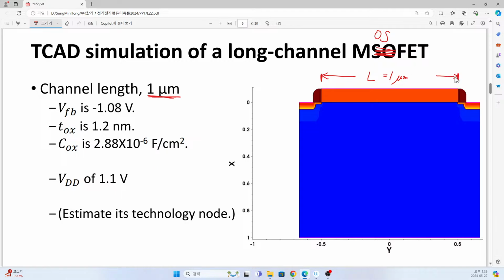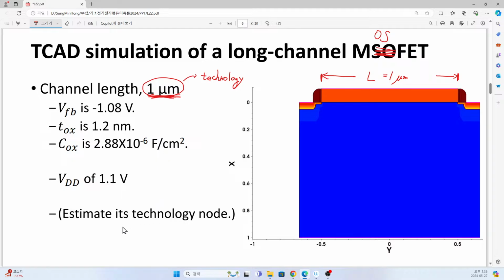With current technology, 1 micrometer can be regarded as quite a long channel, because nowadays we can make much shorter channels. But if you have older technology, then maybe 1 micrometer can be a short length. So whether a certain length is long or short really depends on technology. If you are working with highly scaled technology, then 1 micrometer can be regarded as quite a long channel.